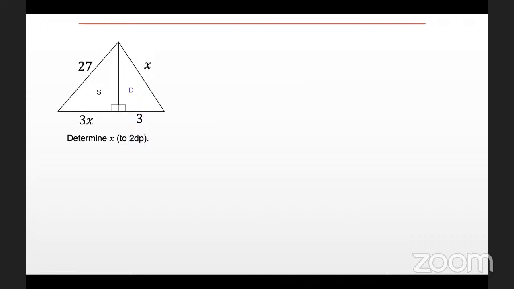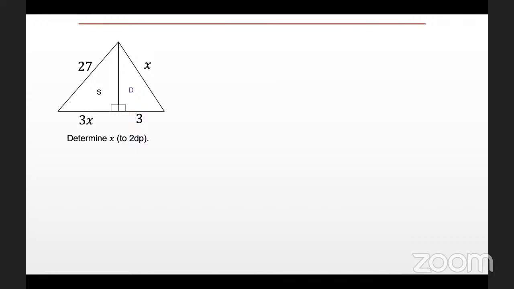So it would be a squared plus 3x squared equals C squared, which is 27 squared, because the hypotenuse is 27. So I put it back to 27 squared, right? All right, and then I'll start working from here.